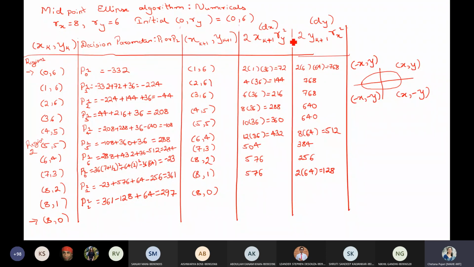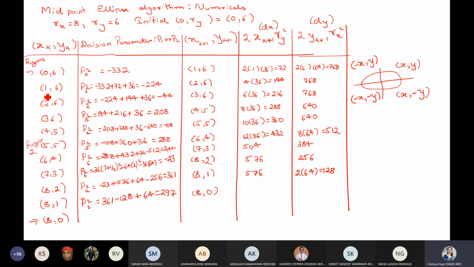For y there is no change, and you have not calculated your y value before, right? So we are going to take the previous value of y itself. What's the previous value of y? It is 6. So we are going ahead with 6. So 2 into 6 into rx. Rx is 8, so it is 64. 2 into 6 into 64, we got 768. That is with the previous value of y. So we calculated it.